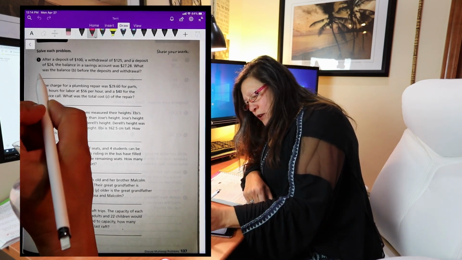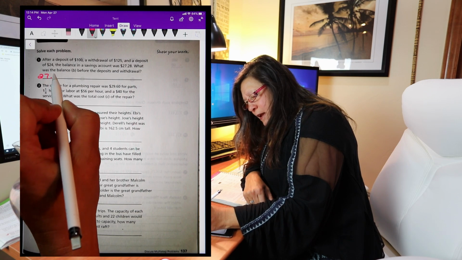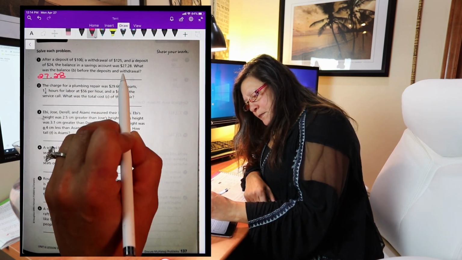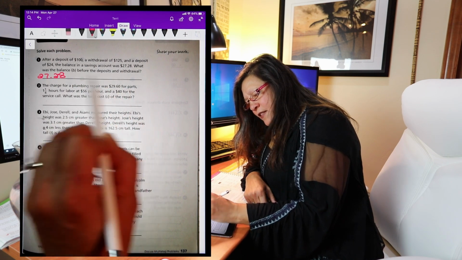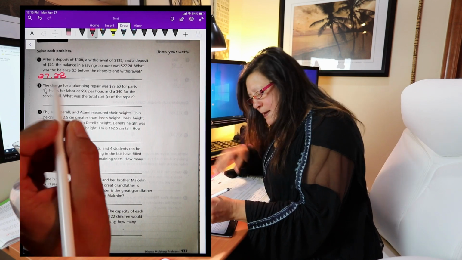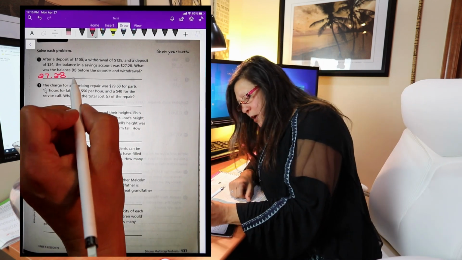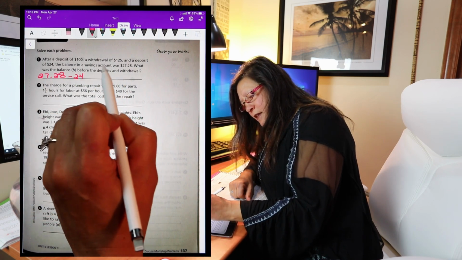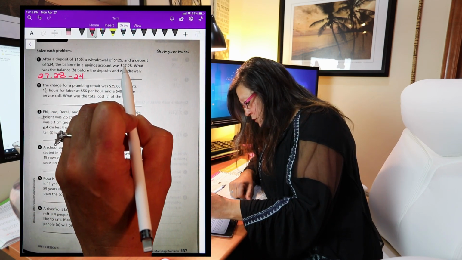Okay, so what do we know? We know that the balance is $27.28. They said they did a deposit of $24, but we're going to do the opposite because we're working backwards to see what they started with. So we're going to subtract 24, and then there was a withdrawal of $125.